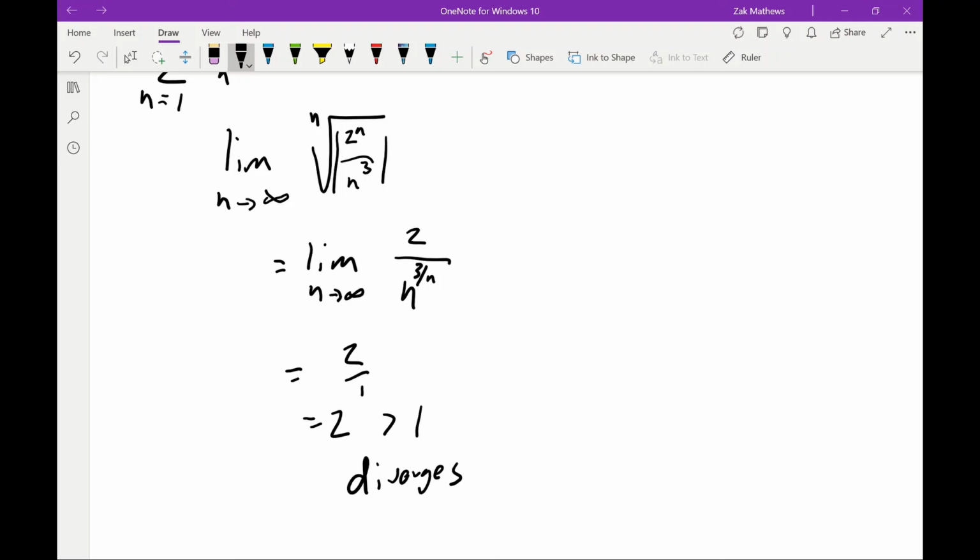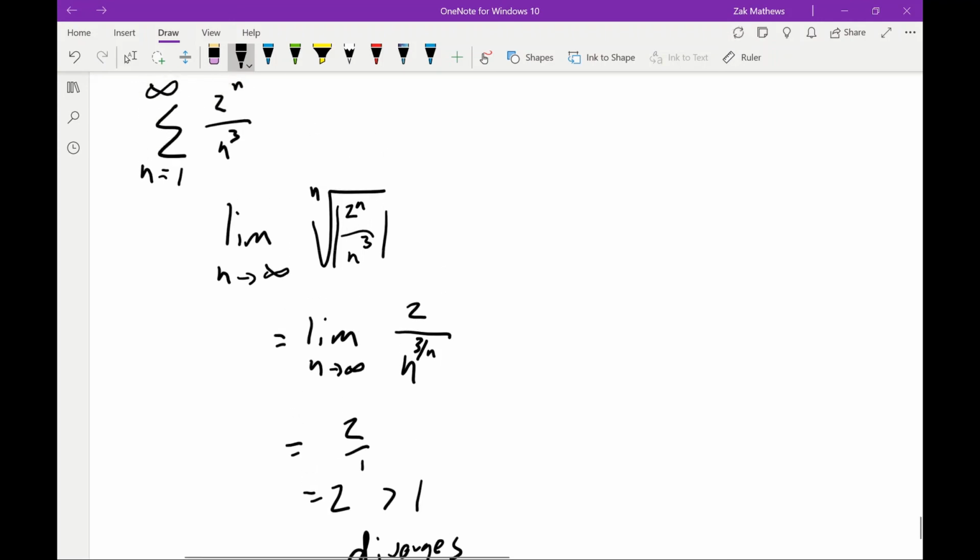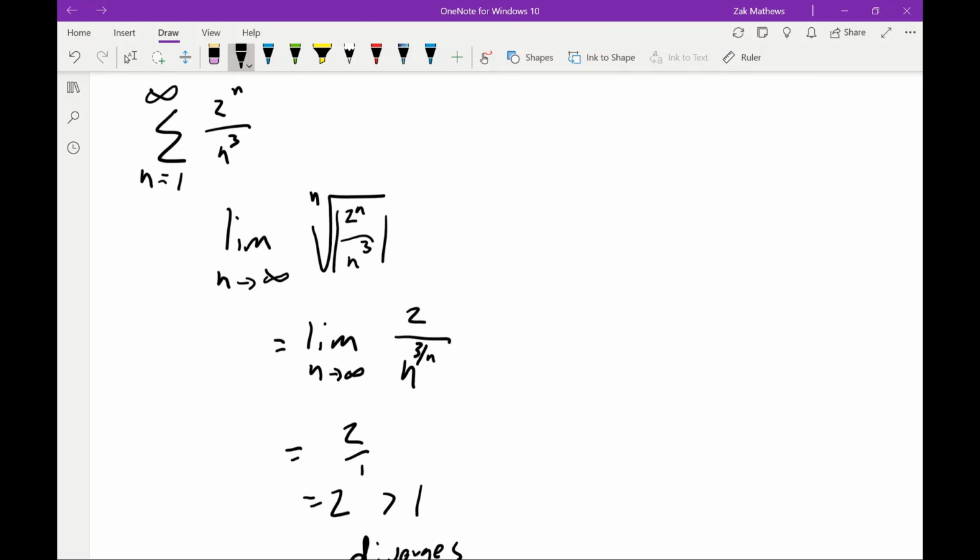Now, once again, I skipped the easy thing. I told you just a few minutes ago that it is much easier to start with a test for divergence. And what we had just found a couple minutes ago when we did the nth term test for divergence is that n cubed over 2 to the n, if we take the limit as n goes to infinity, went to 0, meaning that the series had the potential to converge.